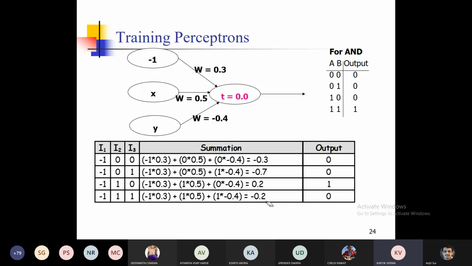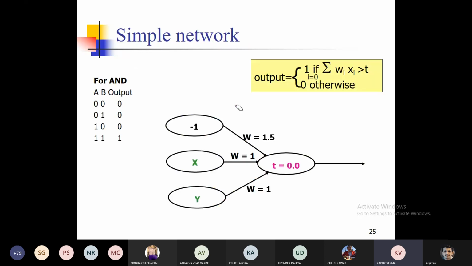But here if you say that this is 1, then this particular thing is wrong. The same thing if it is minus 1. Now if you put these values, you can see X, Y, and this is minus 1 and this 1.5, 1, 1.